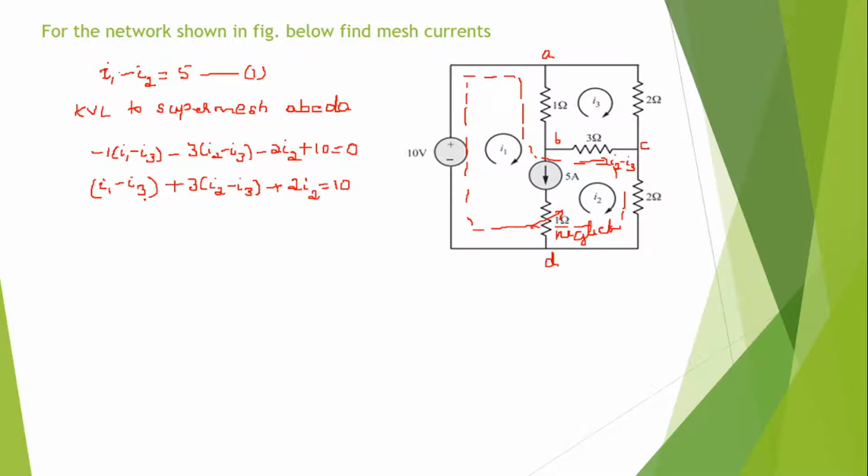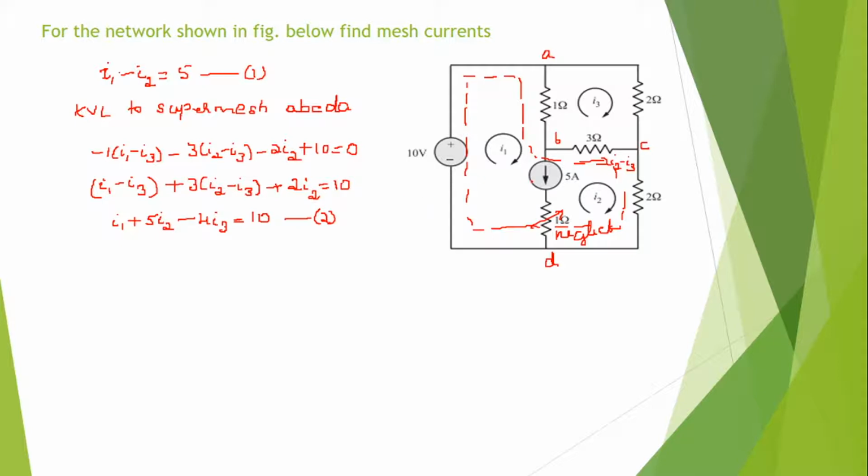If I further simplify, separating the coefficients, I get I1 plus 3I2 plus 2I2, so plus 5I2, and minus I3 minus 3I3, so minus 4I3, equal to 10. I will name this equation 2.